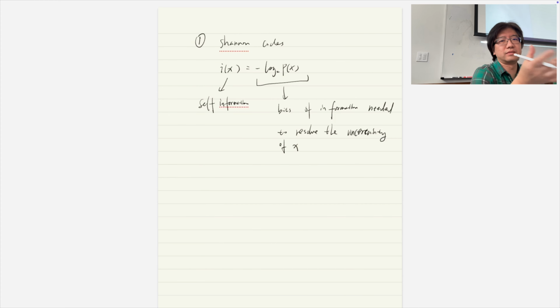Therefore, it makes sense to just use this number of bits to encode the symbol x. It's kind of straightforward, even if we did not introduce the Kraft inequality. So we want to use this as the length of the code for symbol x, because that is the uncertainty. In general, since this number may not be an integer, we use a ceiling.